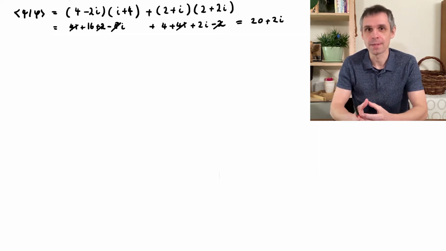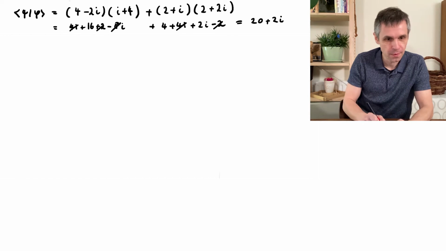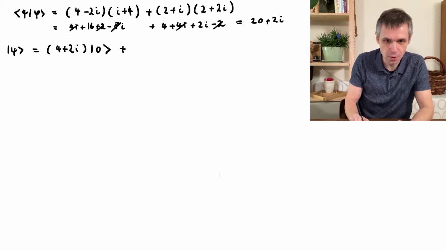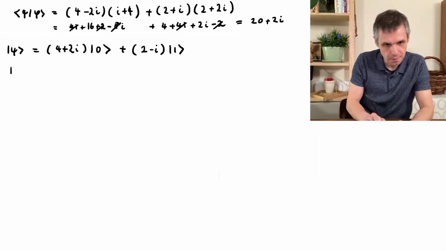And this is a great place to introduce the Dirac notation. So let us first translate our states into Dirac notation. And for this we now need two basis states that I'm just going to call 0 and 1. So this would be the state psi, and this is the state phi.